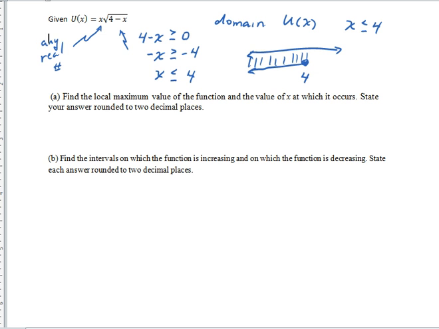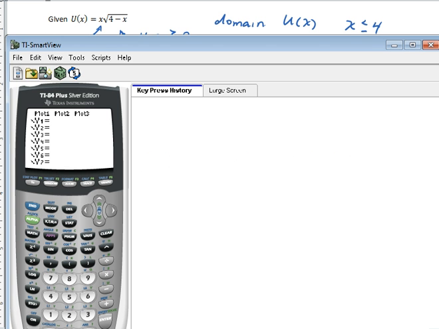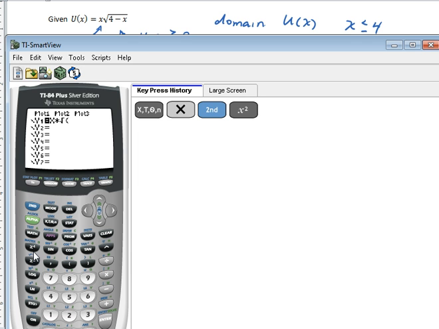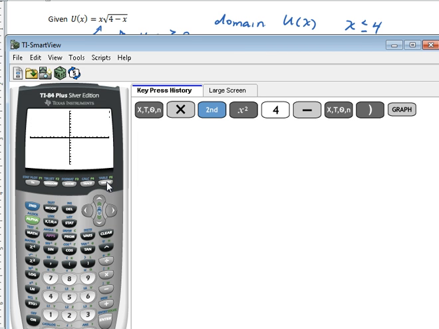So now let's go to the graphing calculator, and we'll enter x times the square root, which is a second square, of 4 minus x. And when we graph this in the standard window, it's a little hard to see what's happening.